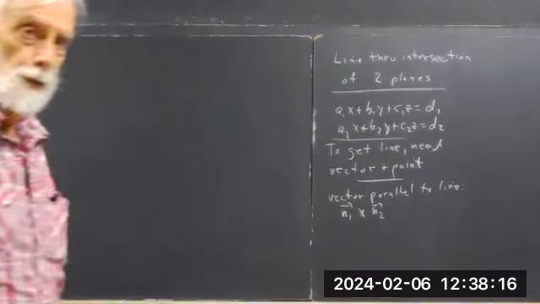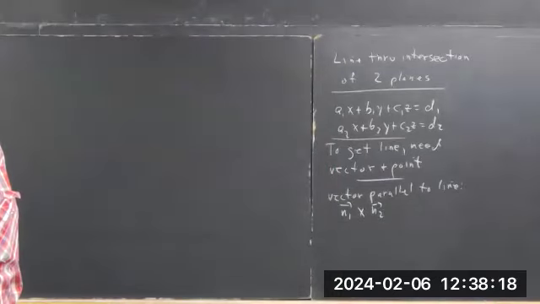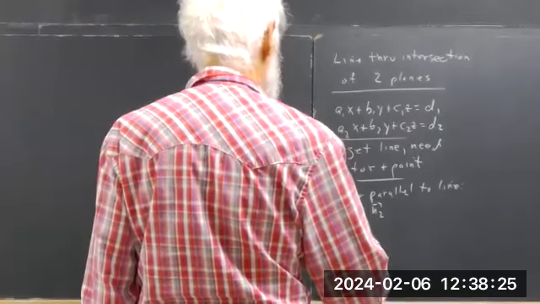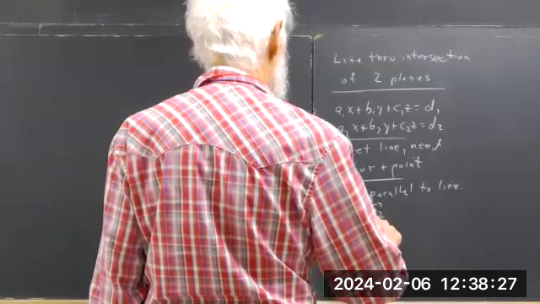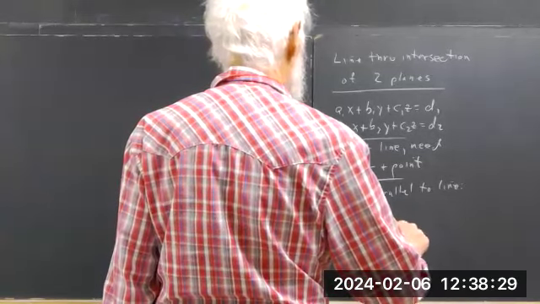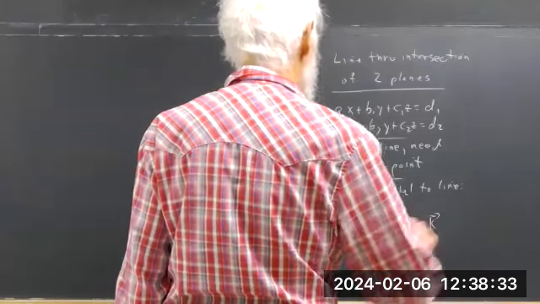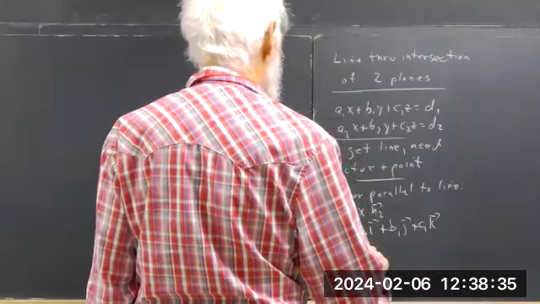It will be N1 cross N2, right? N1 and N2 are normal vectors to the planes.